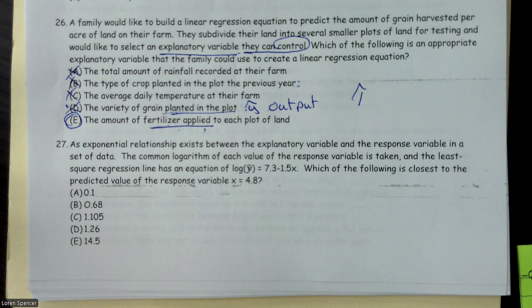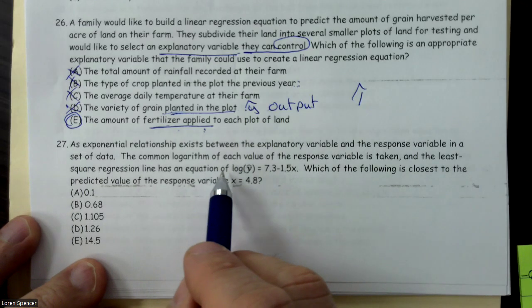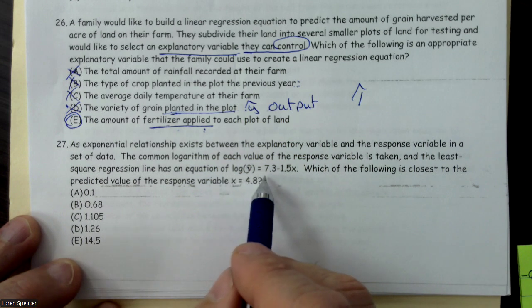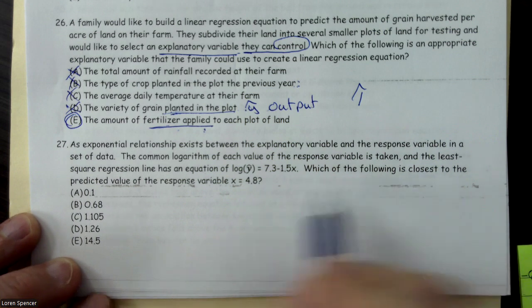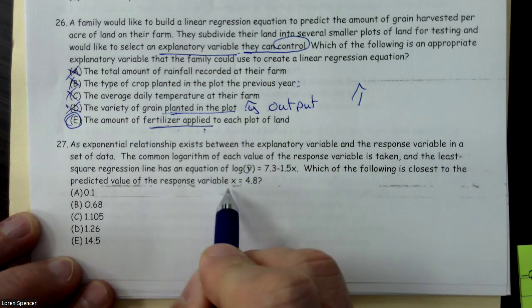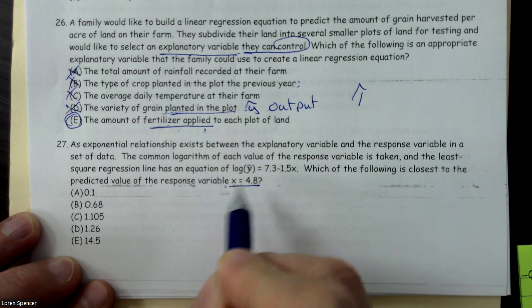For an exponential relationship between the explanatory variable and the response variable in a set of data, the common logarithm of each value of the response variable is taken, and the least squares regression line has an equation of log of y hat equals 7.3 minus 1.5x. Which of the following is closest to the predicted value of the response variable when x equals 4.8?